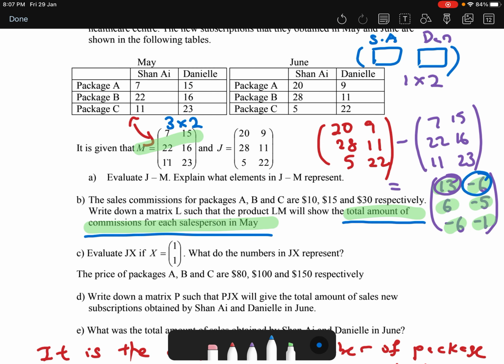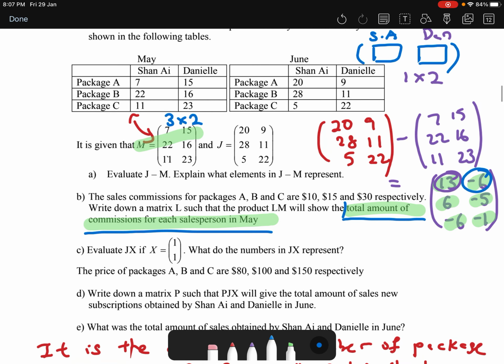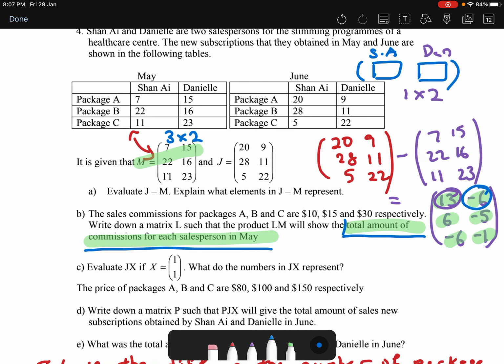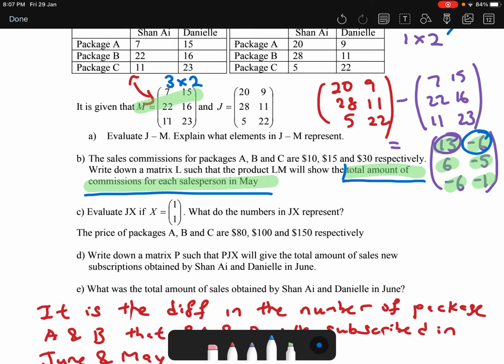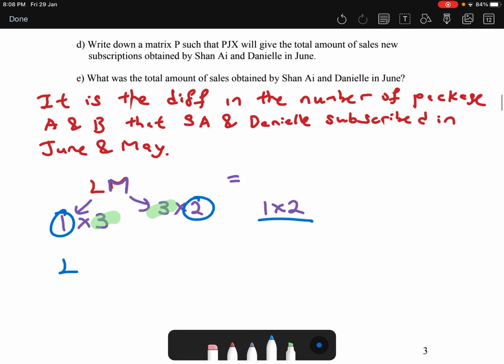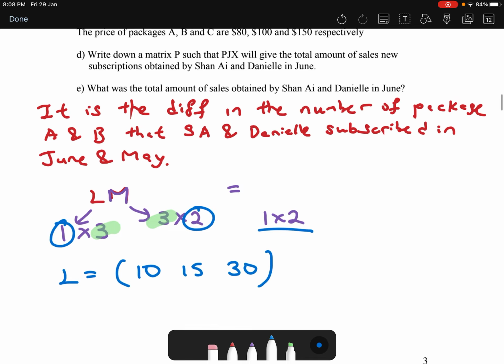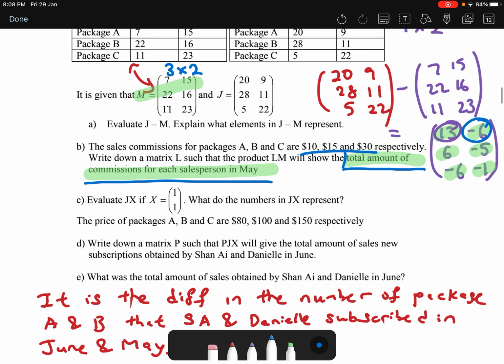Whenever we do these matrix problems, we need to deduce the order of our resulting matrix first. So L is 1 by 3. Just write $10, $15, and $30 as a 1 by 3 matrix. So L equals 1 by 3: $10, $15, $30. This is your L matrix.